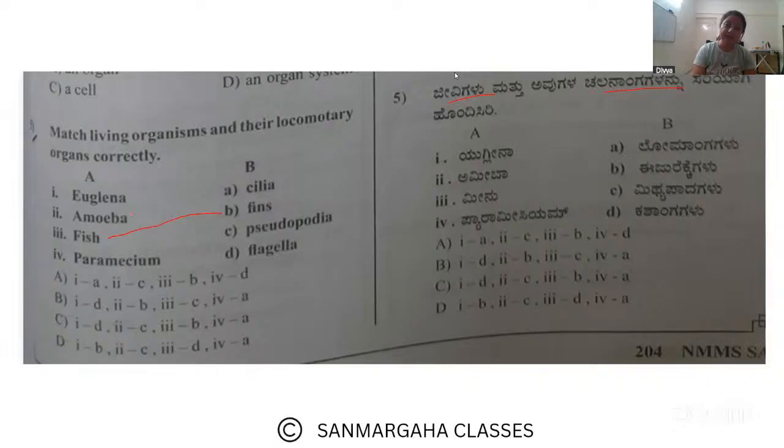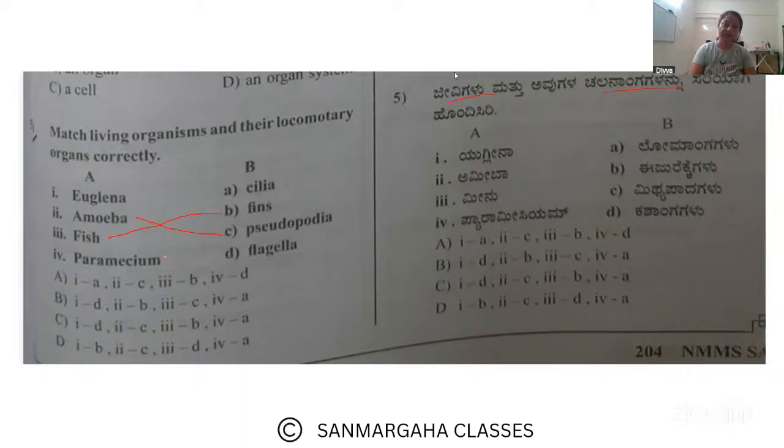Then comes amoeba. So amoeba we know single celled organisms, it moves with the help of false feet, correct? So it is nothing but pseudopodia, right? Then paramecium, remember the structure of paramecium, you see all over surrounding the cell there are ciliary structures, correct?